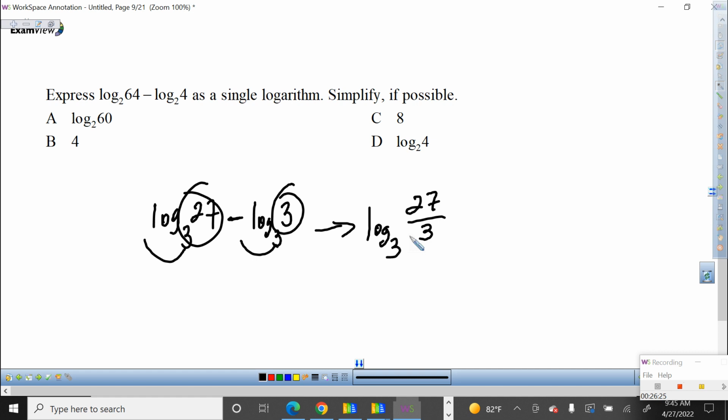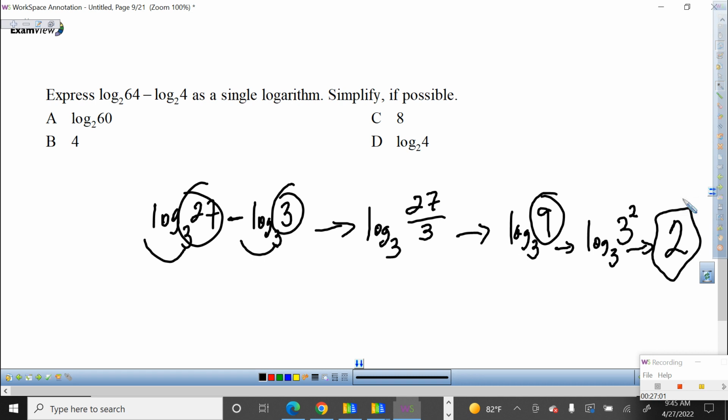Whenever you see subtraction of logs, what do? Divide. So what if we have addition? You multiply those two numbers. So therefore, what is 27 divided by 3? Log base 3, and it gives us 9. Can we write the 9 in base 3? Yeah, this is log 3, 3 to the what? To the second. So the answer for this is 2. With that said, do this one by yourself. See how you do with that.